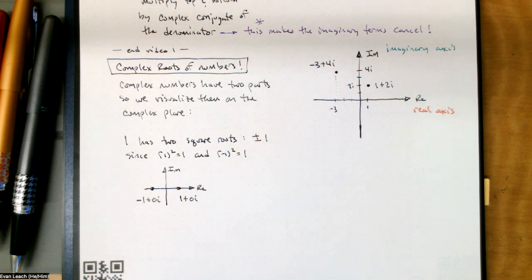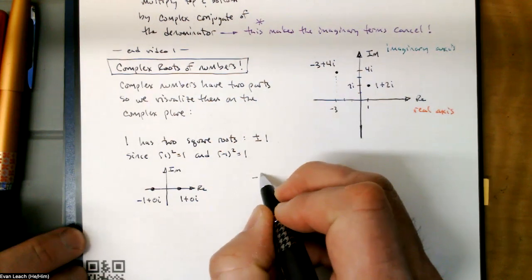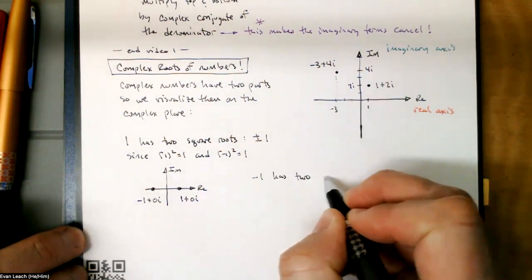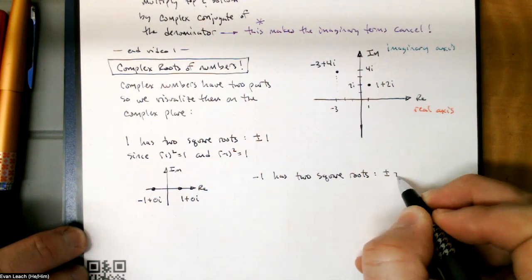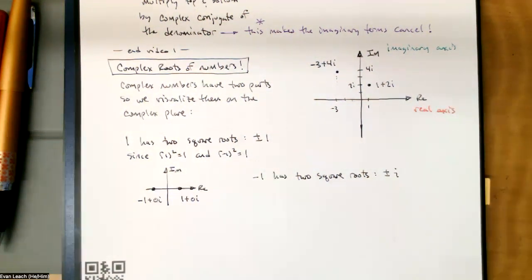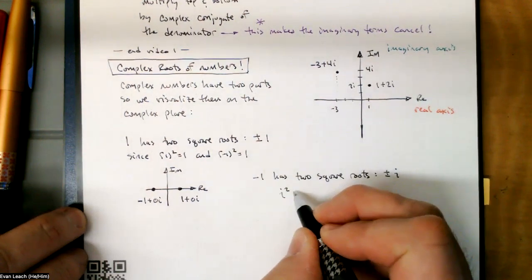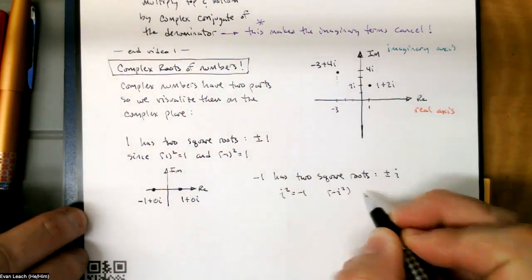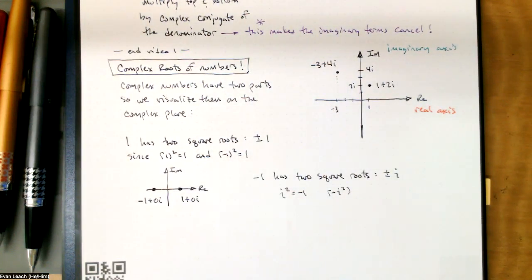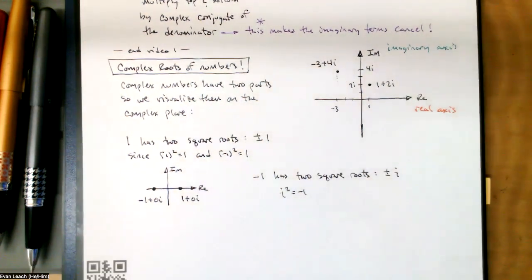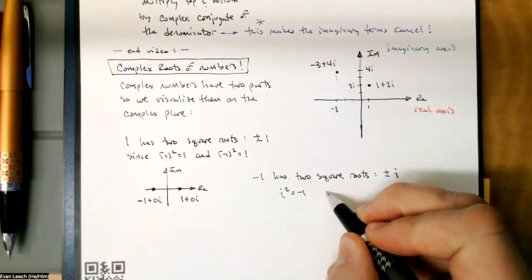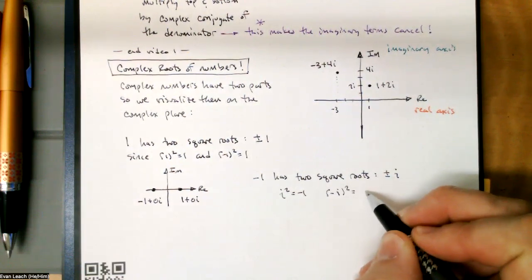The number -1 also has two square roots. They're just not real. -1 also has two square roots, plus or minus i. i squared is -1, and negative i squared is also -1.